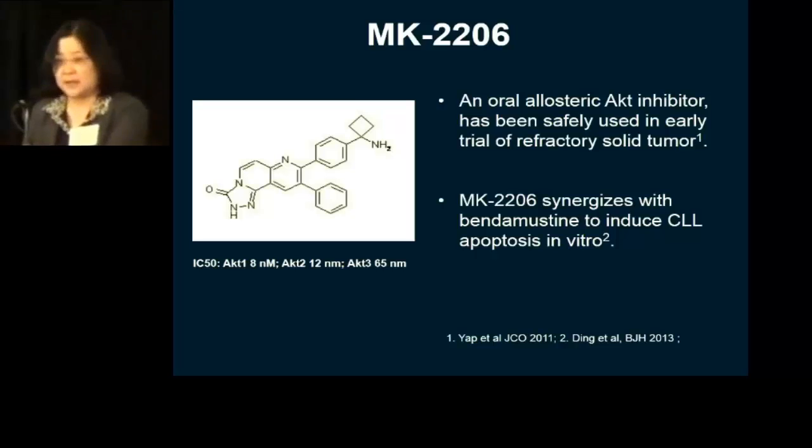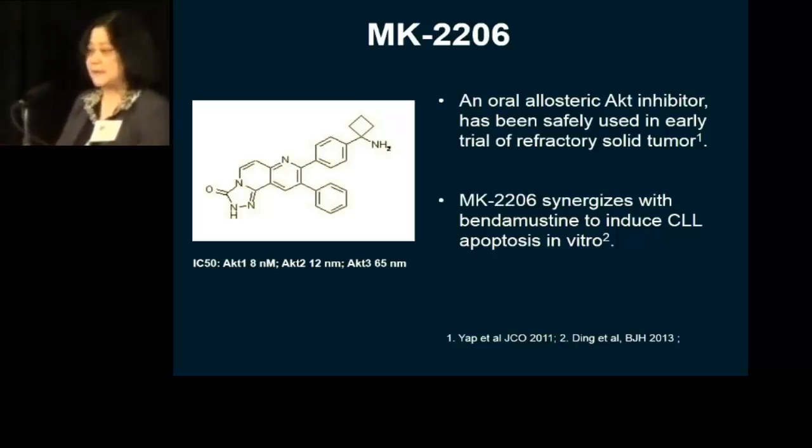The compound we used in this study is MK-2206, which is a small molecule inhibitor developed by Merck. This is an allosteric AKT inhibitor, has relatively specific targeting effect, specifically the IC50 for AKT1 and 2, which are the predominant forms in lymphocyte, has a low IC50 nanomolar dose, in the 8 or 12 nanomolar.